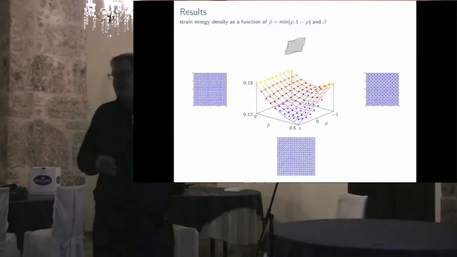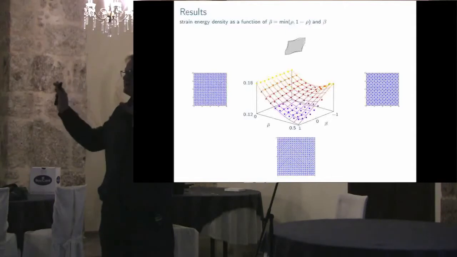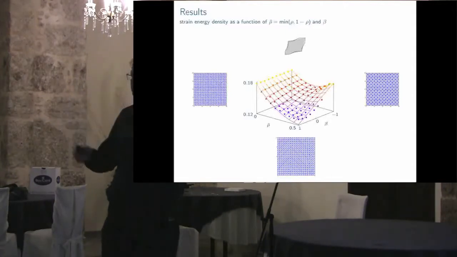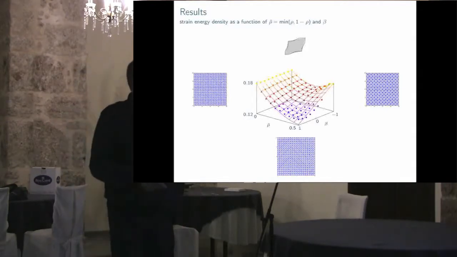Since for the mechanical response it doesn't matter if you have 30% of these diagonals and 70% of the others, or the other way around, we use a modified ratio of these diagonals.